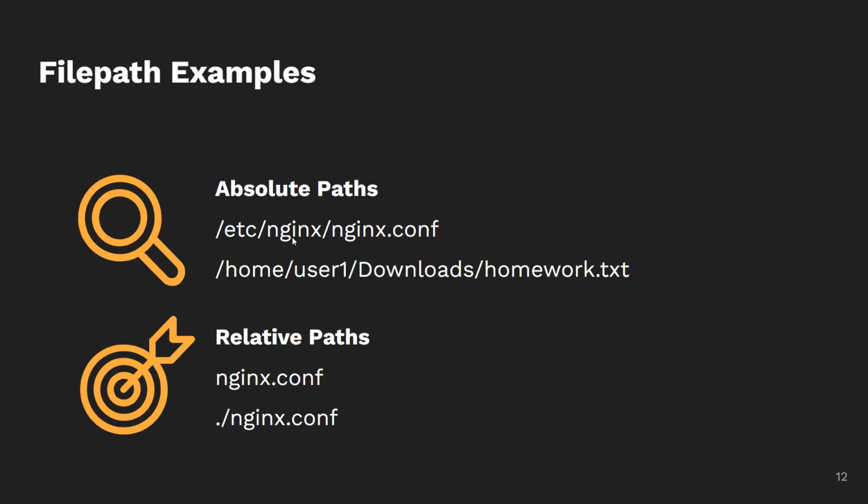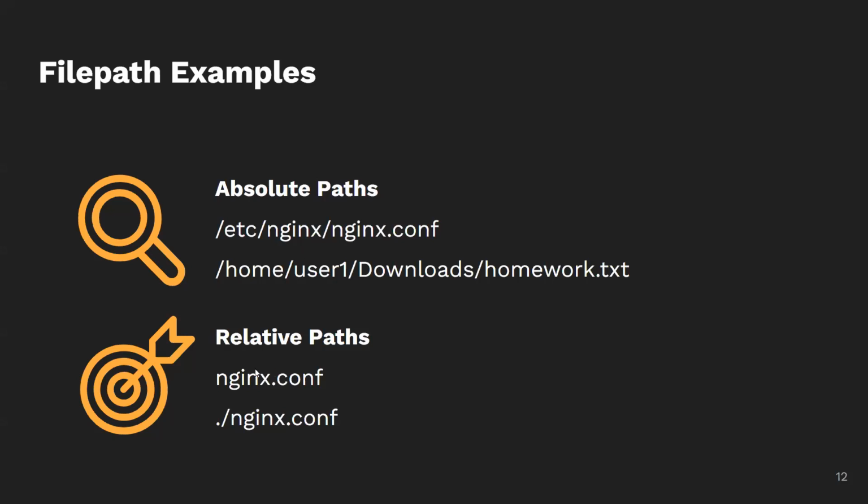So for example, if our user was in the nginx folder right here, so in the root directory, then you go to /etc, then the nginx directory here. Then if we were to use a command and we wanted to refer to this file nginx.conf, we could just have nginx.conf, and the system will know, hey, I'm in this directory right here.